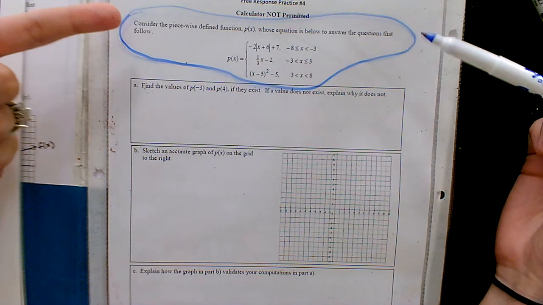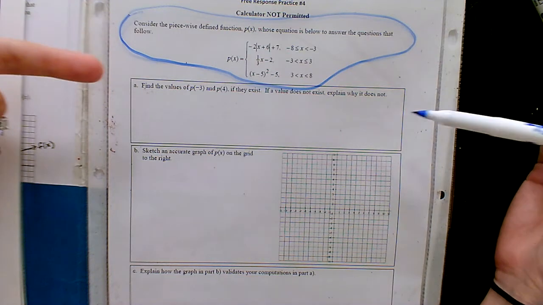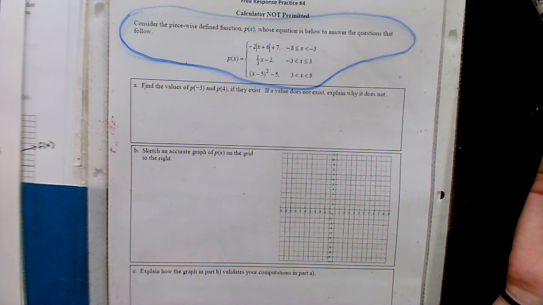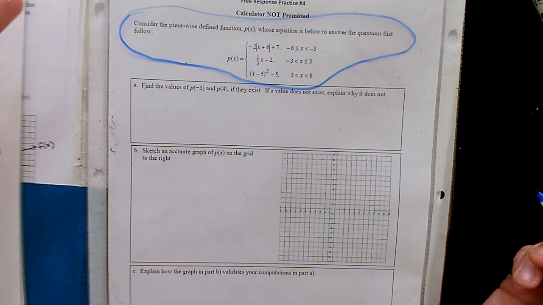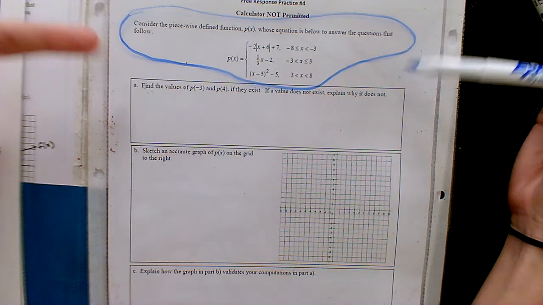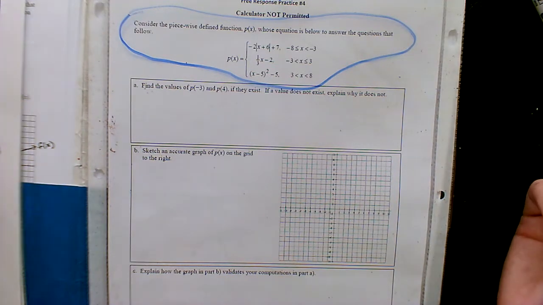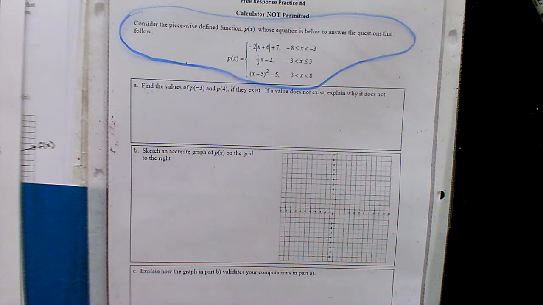And what we're going to do is use that information to answer the various questions that come afterwards. So it might not just be one question or two questions, sometimes it's 3, sometimes it's 4, maybe 5. But whatever's given to you at the top, we can use for every question if needed. So we always have to be referring back to the top to see what it said or what it told us.